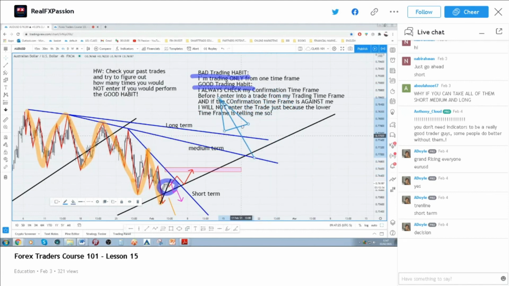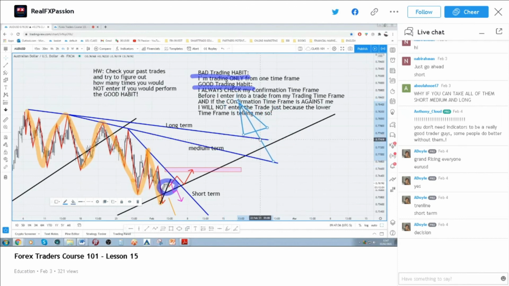And on the other side, some of you are sending me emails: Passion, show me how to win. Well, have the confirmation time frame giving you the okay to go long or short on your trading time frame. If you are going to trade from the higher probability standpoint, then your trading is going to improve, everybody.